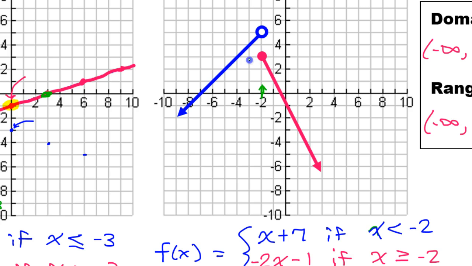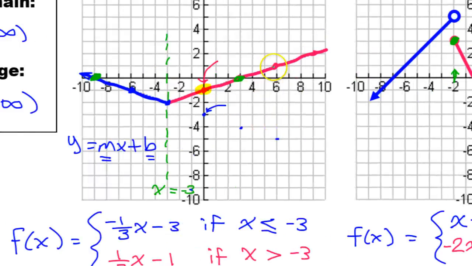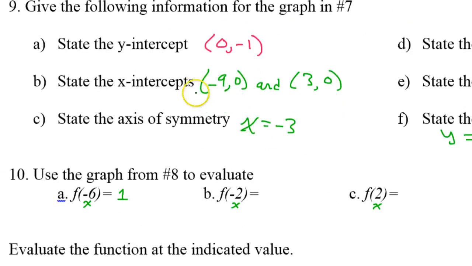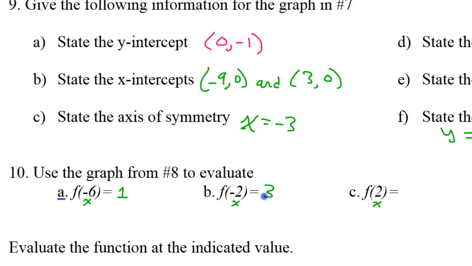So do I put them both? No. The open circle means that this point is not included. So this point is the only point that exists at an x value of -2. Now, what's the value of this point? Well, it's the y value, 3. So that's why the answer to that one is 3.